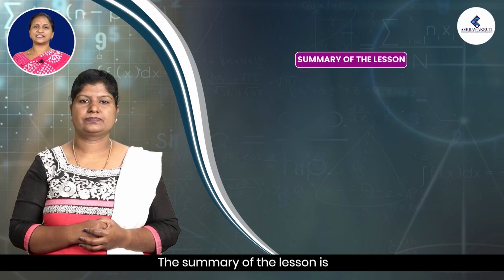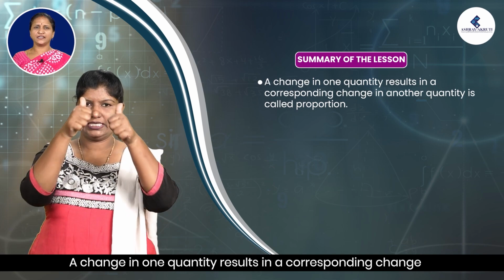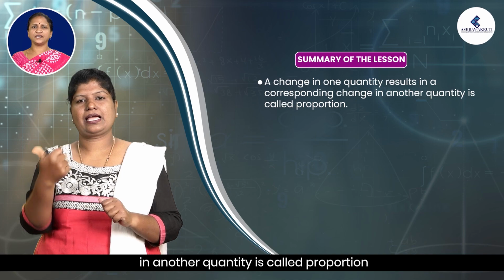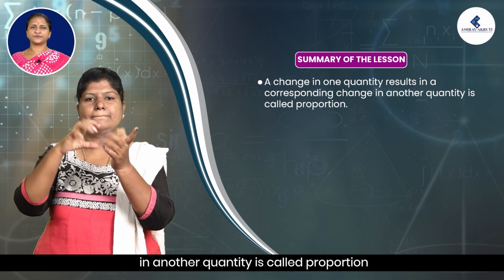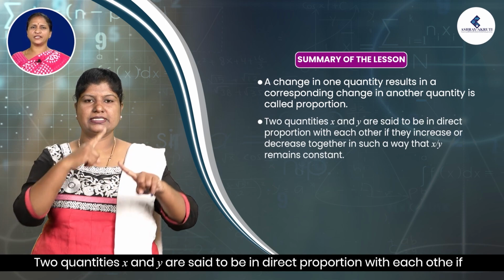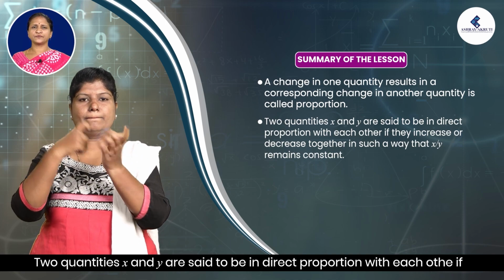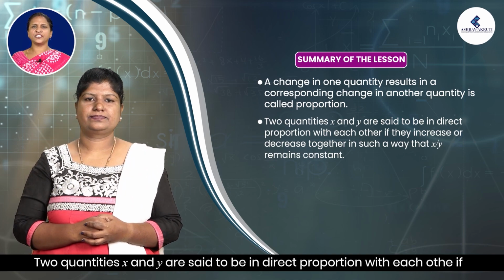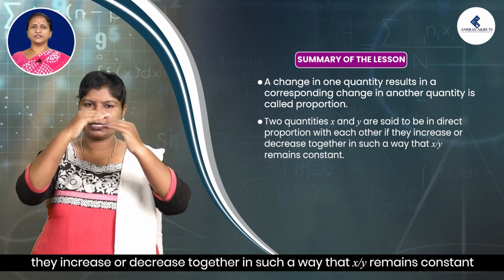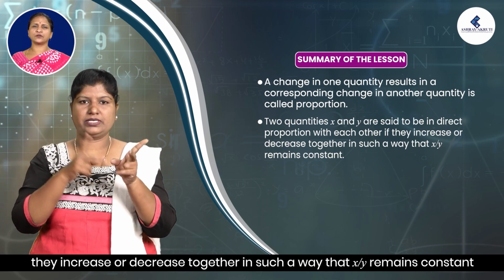The summary of this lesson is: a change in one quantity resulting in a corresponding change in another quantity is called proportion. Two quantities x and y are said to be in direct proportion with each other if they increase or decrease together in such a way that x by y remains constant.